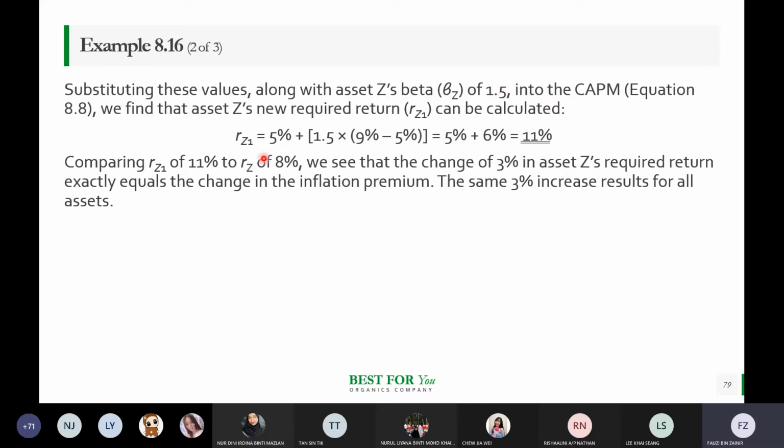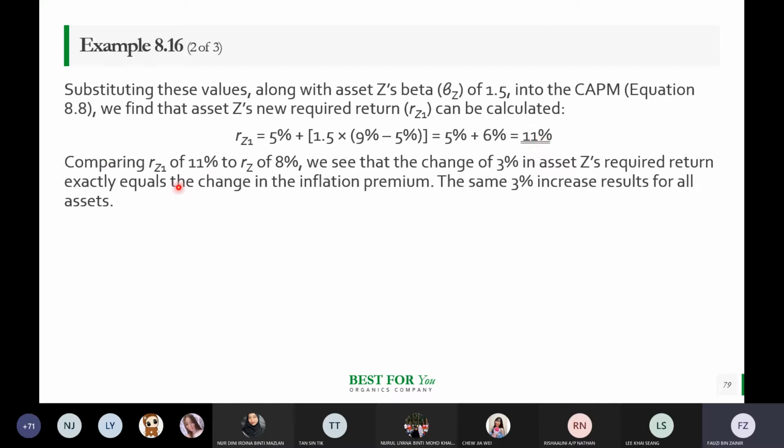If you were to insert it, we have the new risk-free rate plus 1.5, the beta for it, times the market rate, which has increased from 6 to 9%, minus 5% there. So the new number here is around 11%.